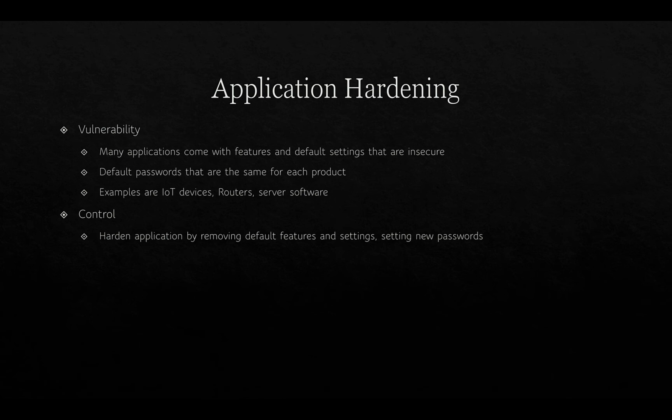Examples of that are in IoT devices, routers, server software, but even applications, especially open source ones, that were installed, and they would have a default username and password, something like admin, for example, where you're expected to go in and set or change the password, but of course many people didn't, and so that's always why it's worth, if you're testing for vulnerabilities, checking that default passwords are not still set. So hardening the application involves removing default features and settings and setting new passwords.